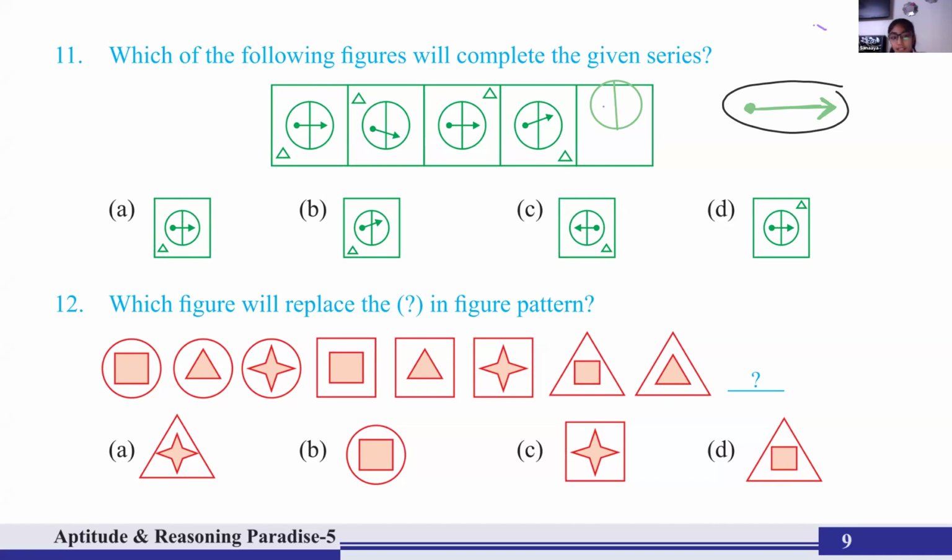Ma'am, is it A? Yes, that's correct. Okay, so meanwhile, you can try the 12th one also.